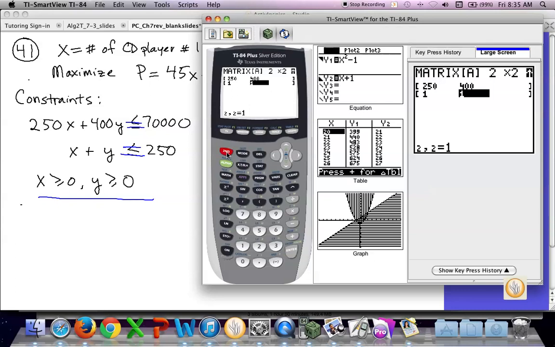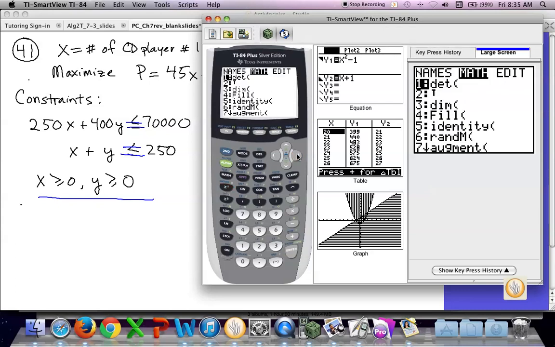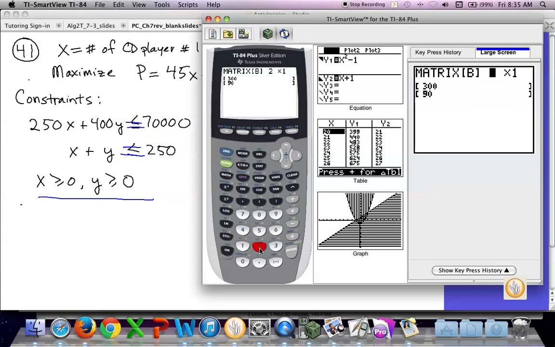And then go to the second matrix, 2. That one is a 2 by 1, right, enter, enter. And I need that one to be 70,250. Got enough zeros there? Yeah.